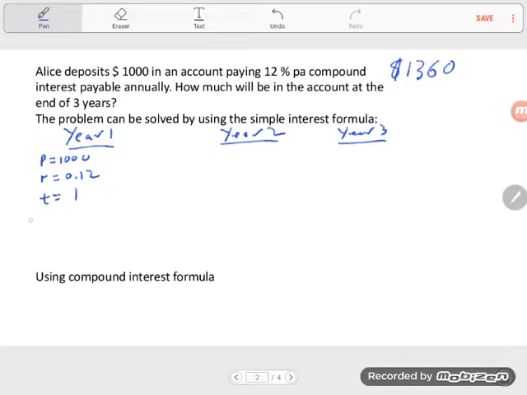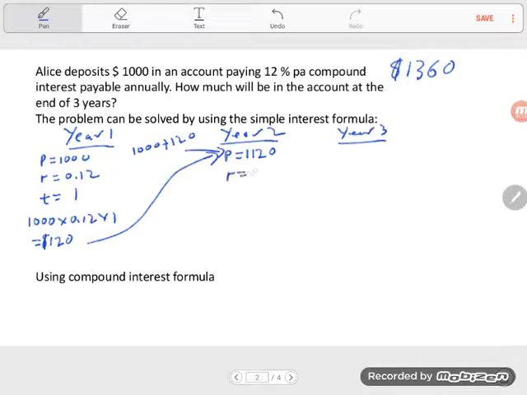So the amount of interest is 1,000 times 0.12 times 1, which is $120. So this adds to the principal and carries over as the new principal for year 2, $1,120. So that's 1,000 plus the interest for the first year.